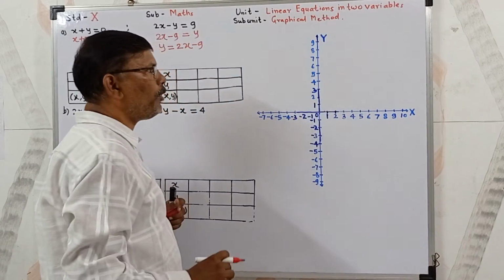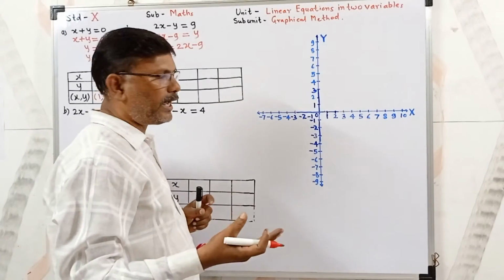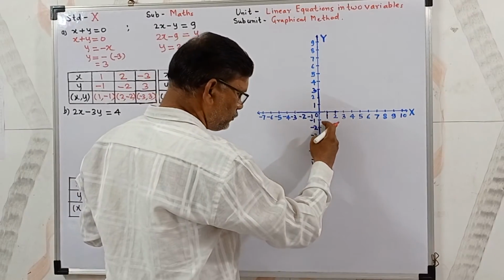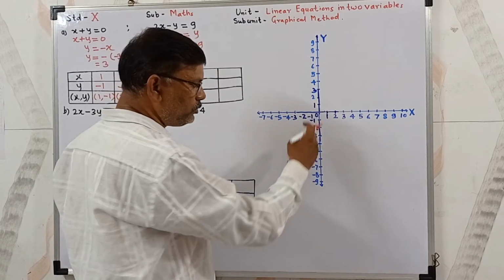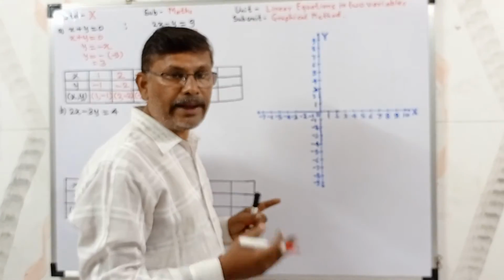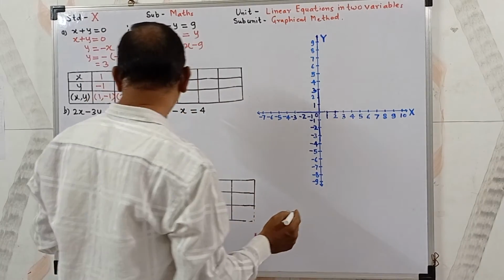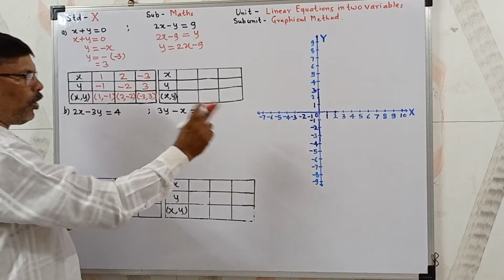Above the x-axis, along the y-axis, all the numbers have a plus sign, and below all the numbers have a minus sign. Understood?